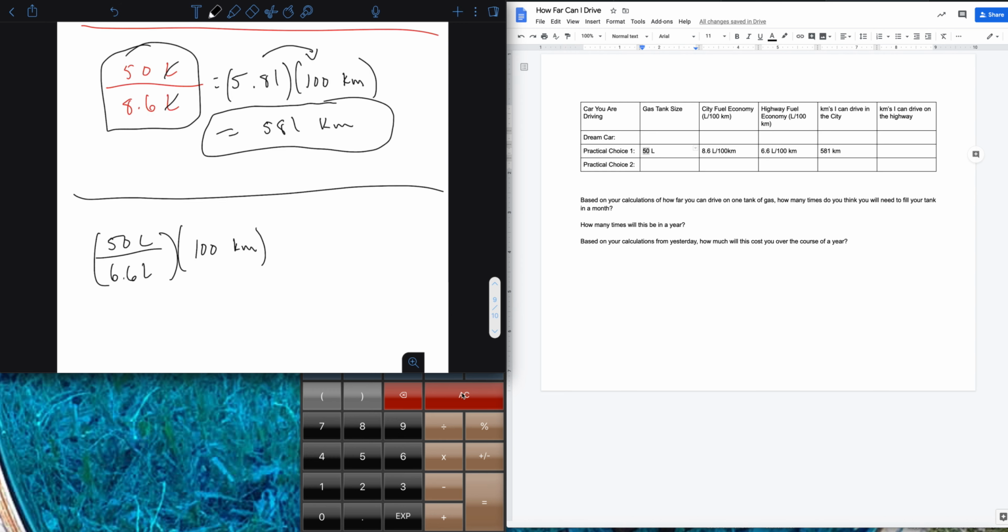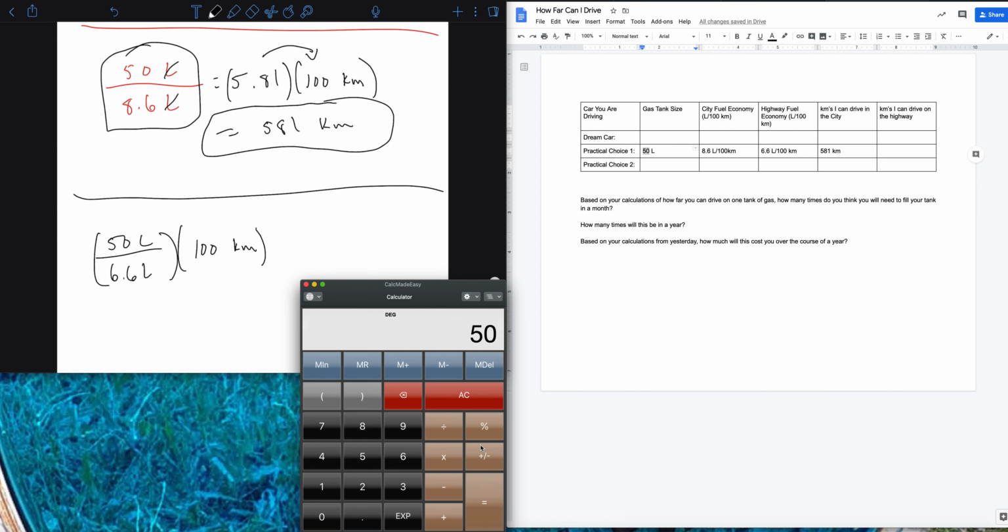Let's do the math on that: 50 divided by 6.6 times 100. You can go pretty far in this thing on the highway. That's pretty impressive, actually. So you can type that in, 757.6 kilometers. That's how you do the math on that.